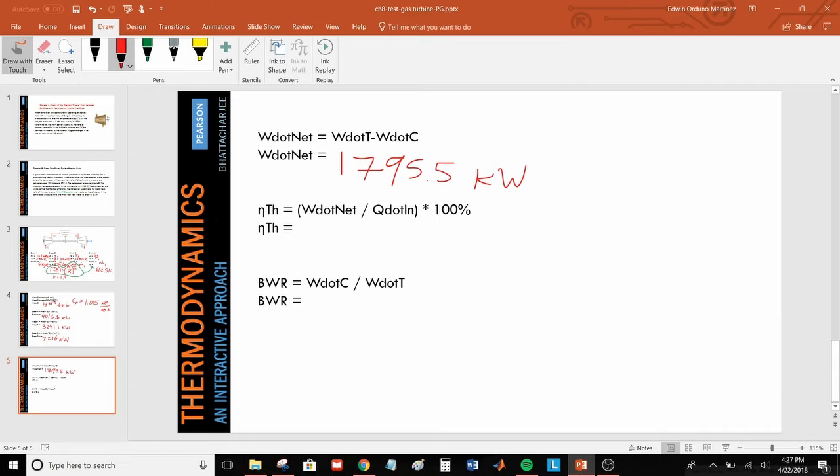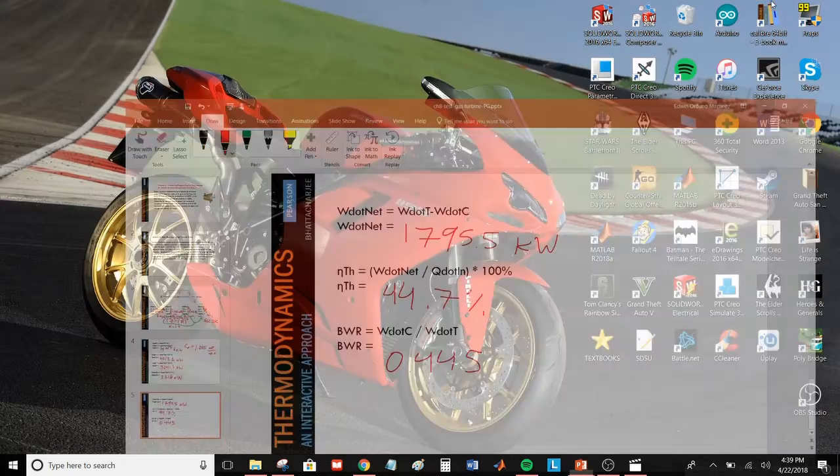And the thermal efficiency is the net power output over the heat added, which gives us 44.7%. And the backwork ratio is the power in the compressor divided by the power in the turbine, which gives us 0.445.